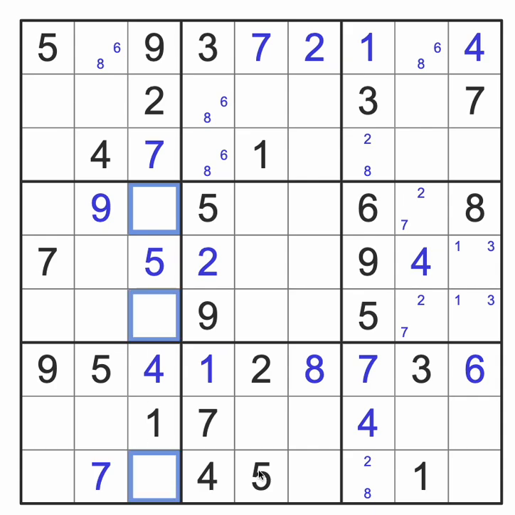And now this column is missing 3, 6, 8. Here's 6 and 8. So this can only be 3. 3, 6, 8, 6, 8. Does it give me anything? Ooh, guess not. 1, 2, 4, 7.